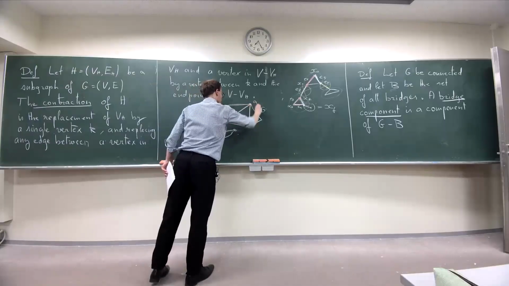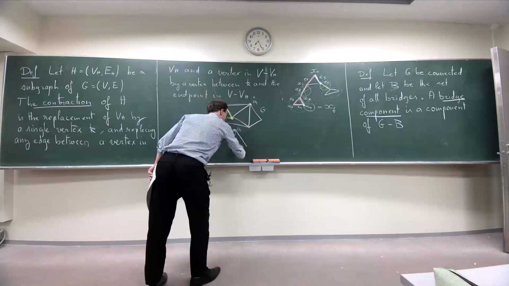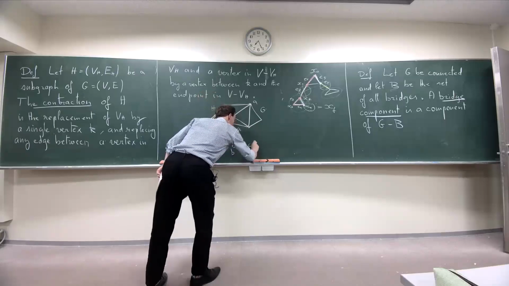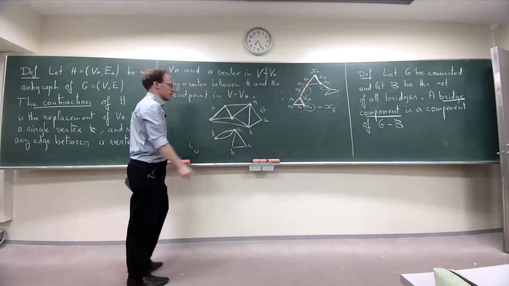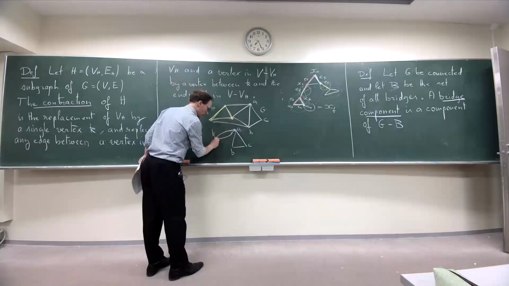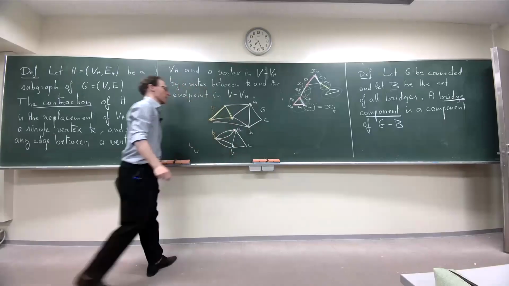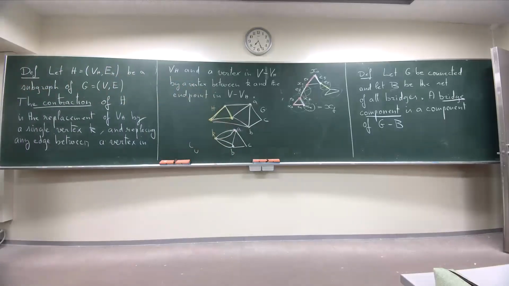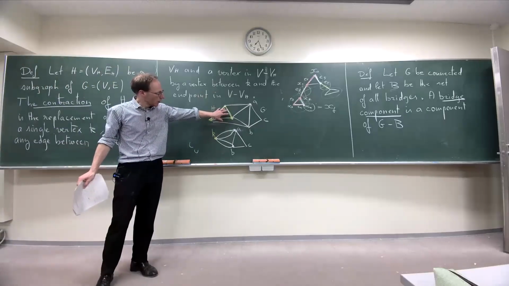So let me call this A. This is A. Then we have B and C. And I need to draw two edges between K and B. This is a contraction of H. I put all vertices in one point. Some edges disappear, the ones inside.